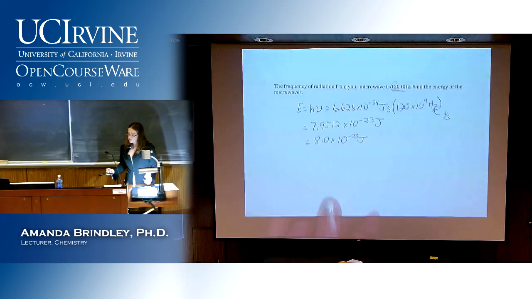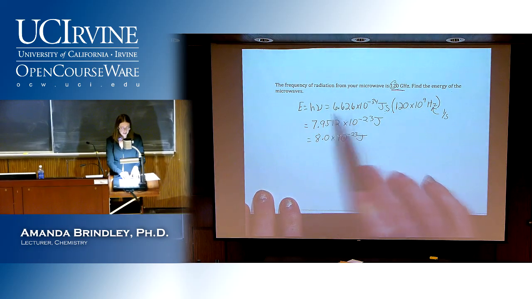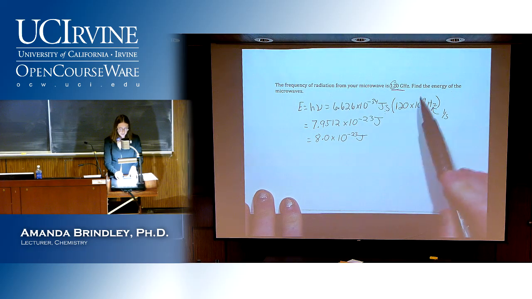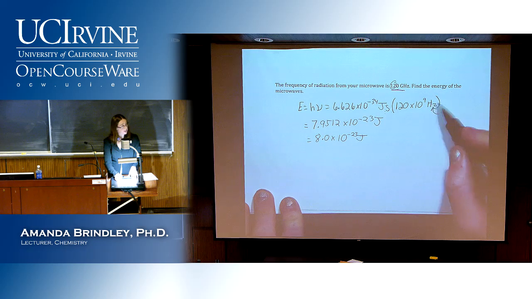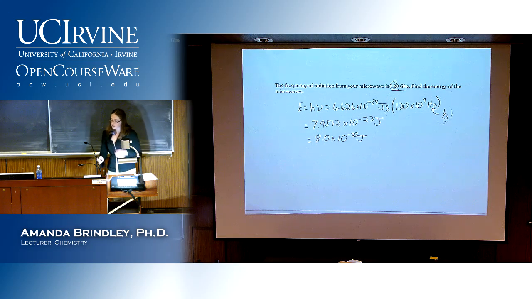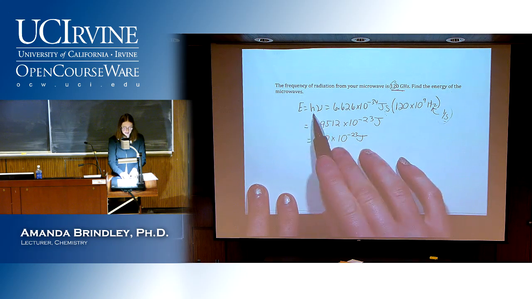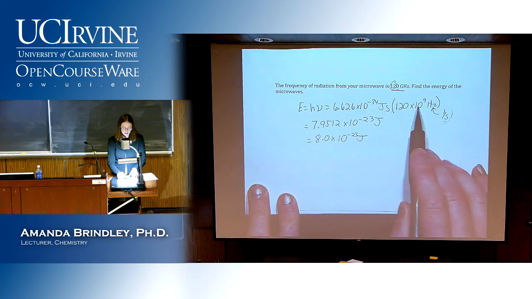So now that we've done this, we've seen that E is equal to h nu. We've seen that we have h, and that we have 120 gigahertz. And we've noticed that hertz is equal to 1 over seconds, so that will cancel here. And since E is equal to h nu, we can fill this in with this.